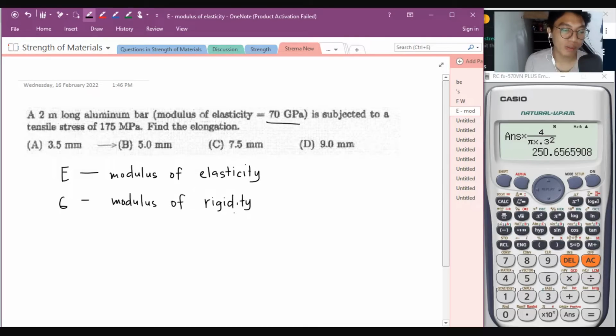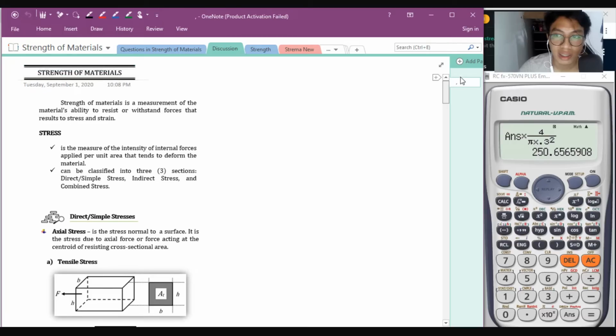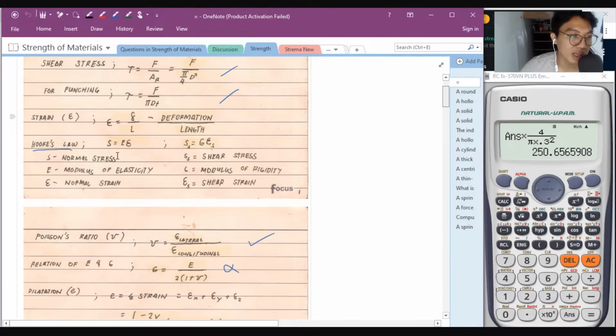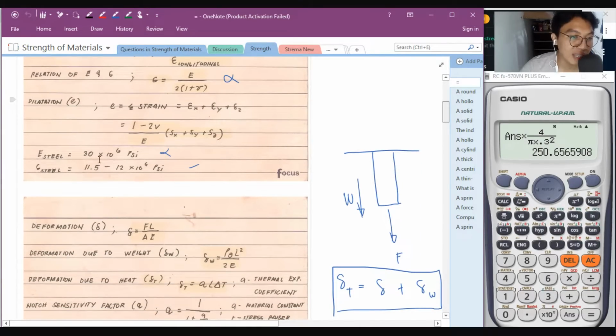Oh, ngayon, pag steel, tandaan nyo, lagi mas mataas yung E sa G. Okay, balik tayo dito sa strength discussion. Meron ako ditong nakalagay. Pag E, pag steel, that is 30 times 10 to the 6 PSI, laging gagamitin nyo yun.